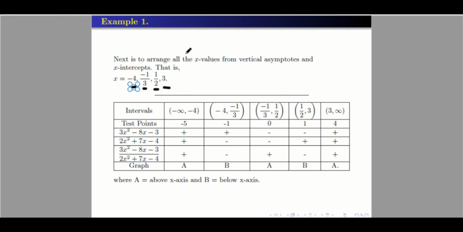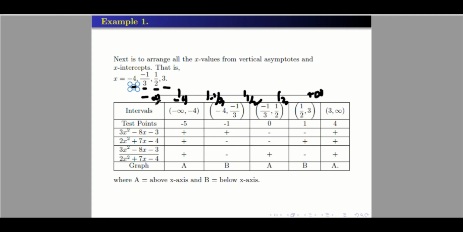The same thing happened in our previous discussion with the rational inequality. So we'll locate these numbers on the number line. We have -4, -1/3, positive 1/2, and 3. And of course, this is -infinity and this is positive infinity.